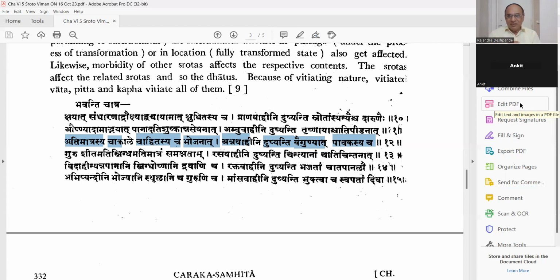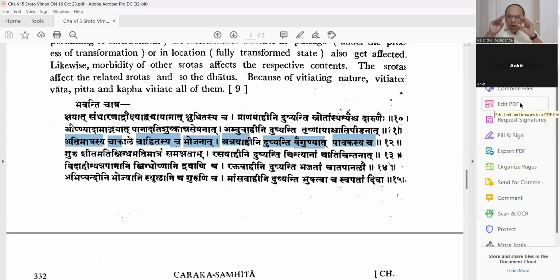Snigdham ashniyat, there should be some unctuousness in the food, a little ghee, a little milk. Matravat ashniyat, as per your own capacity. Nati drutam, very fast eating; nati vilambitam, very slow eating, is bad.